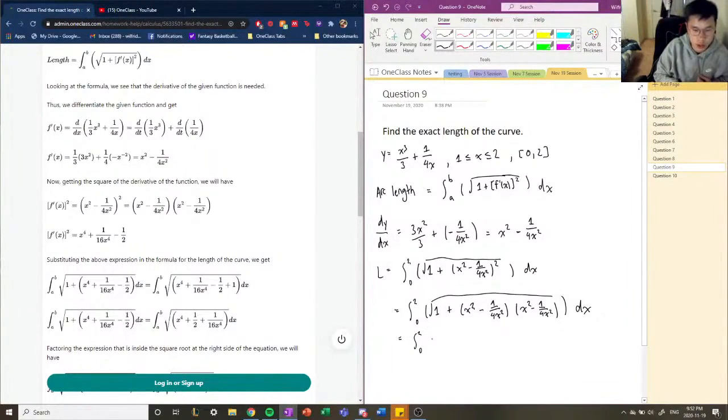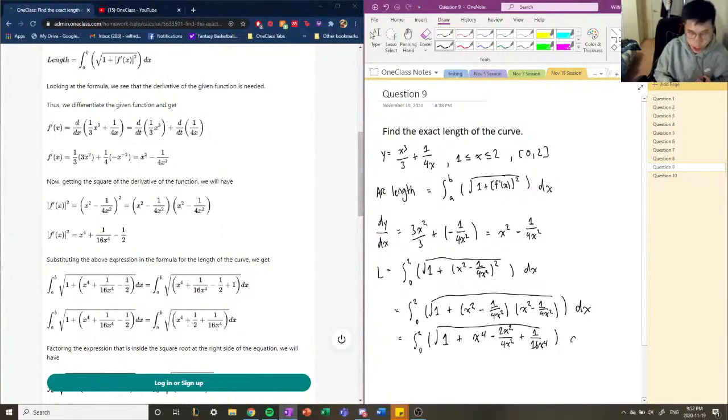This is going to be huge. So this is going to be 1 plus x to the power of 4 minus, so x squared times this, minus 2x squared over 4x squared, plus 1 over 16x to the power of 4, all under one big square root.